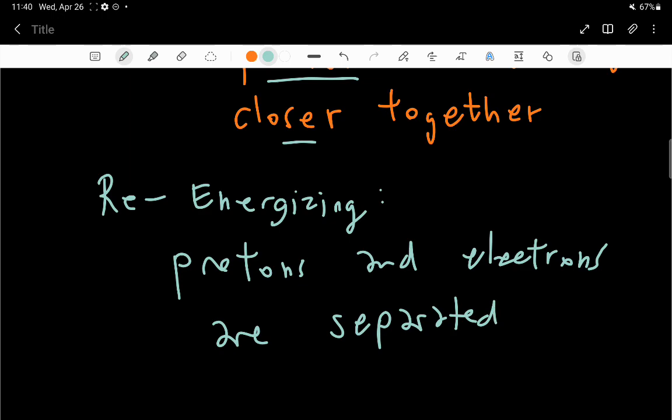So you sort of undo, for example, in the chemistry battery, the chemistry that happened while you were using the battery. So now when you re-energize the battery, you further separate the protons and electrons.